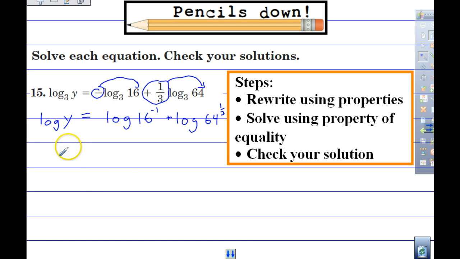All right. So we have what? Log y equals log of 16 to the negative 1 over 64 to the 1/3. What's 16 to the negative 1 and what's 64 to the 1/3?